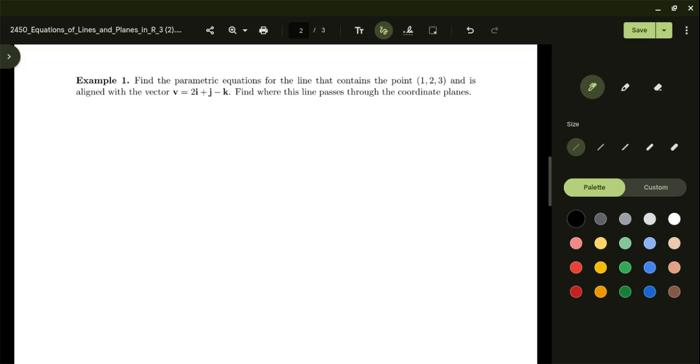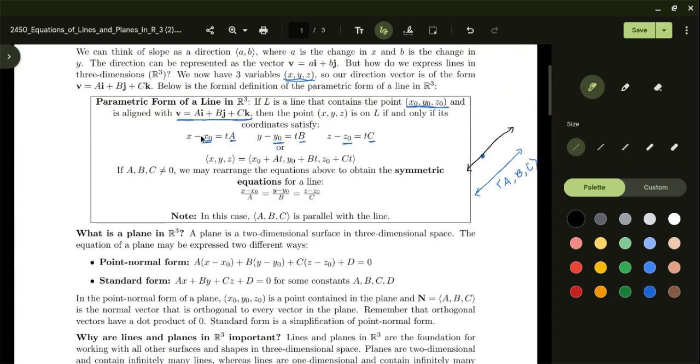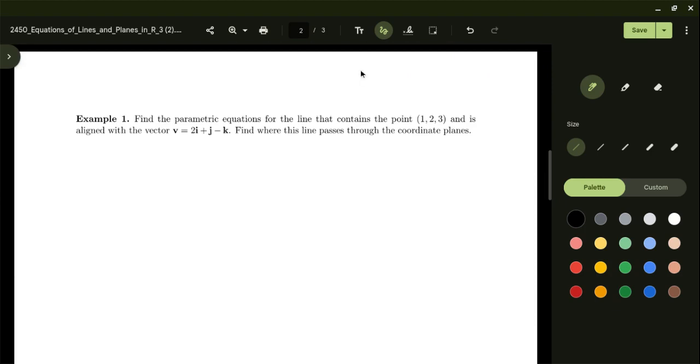Very first thing is using that parametric form definition. So if we go back, we see that we need to find the x naught, y naught, and z naught, and then also identify the a, b, and c. And so if we look, we have our point given to us. So this is going to be our x naught is 1, our y naught is 2, and our z naught is going to be 3.